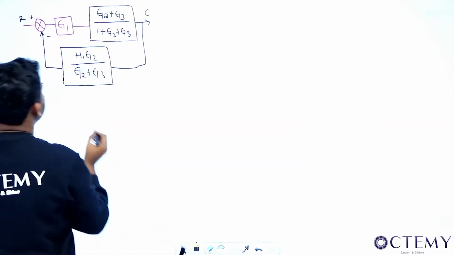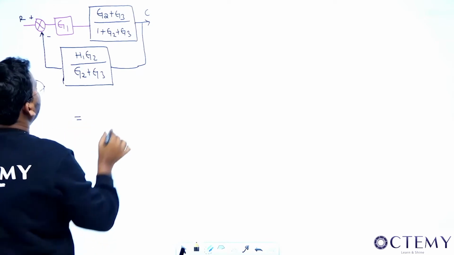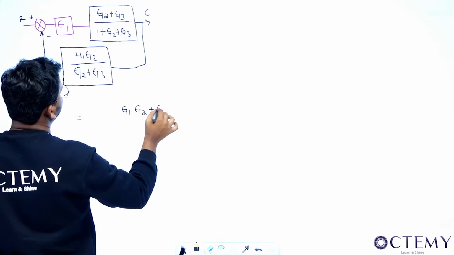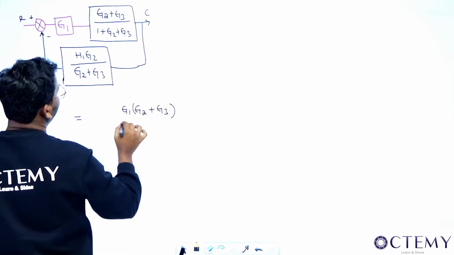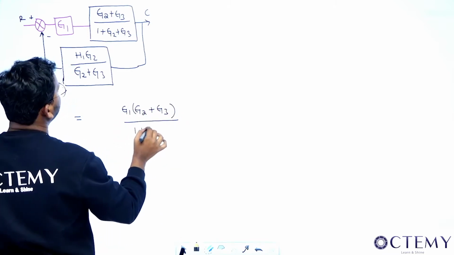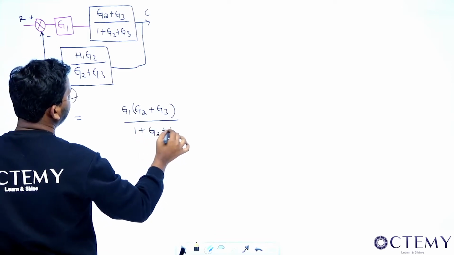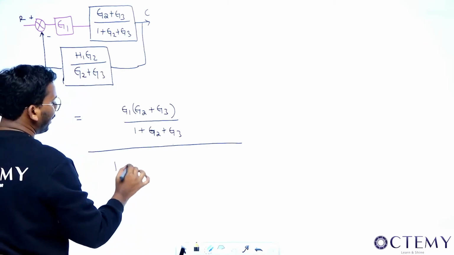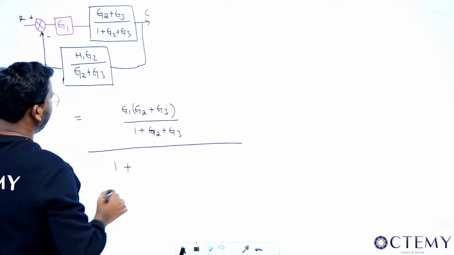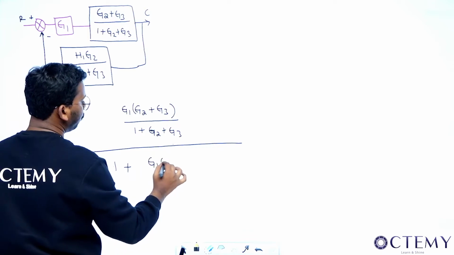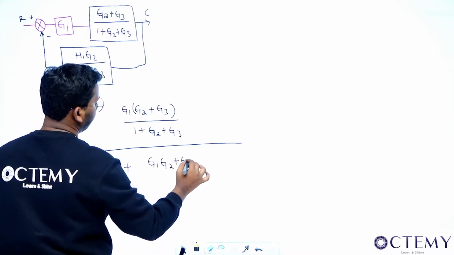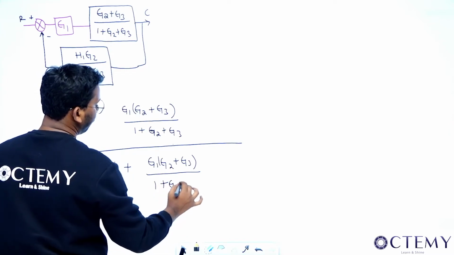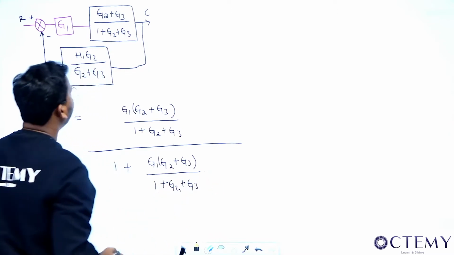If you want to solve this, this will become simply G1 into G2 plus G3, whole divided by 1 plus G2 plus G3. This is the forward path gain, whole divided by 1 plus, again negative feedback, and this is G1 into G2 plus G3 divided by 1 plus G2 plus G3, into H. What is there in feedback?